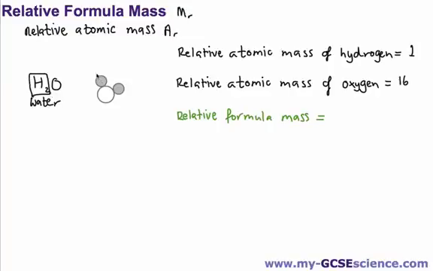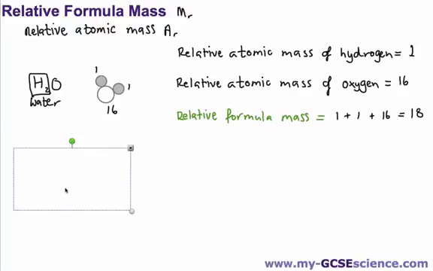Each one has a relative atomic mass of 1, and the oxygen has a relative atomic mass of 16. So it's just a simple case of adding them up. We have 1 plus 1 plus 16 equals 18. There are no units, so we say the relative formula mass for water is 18.